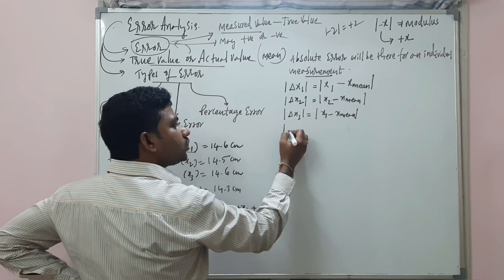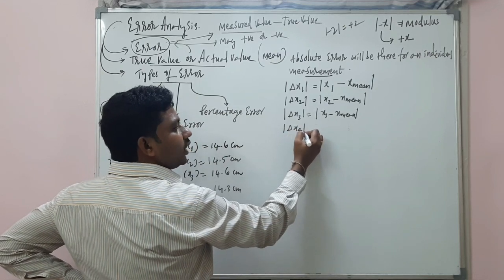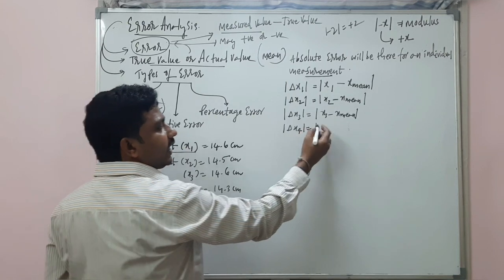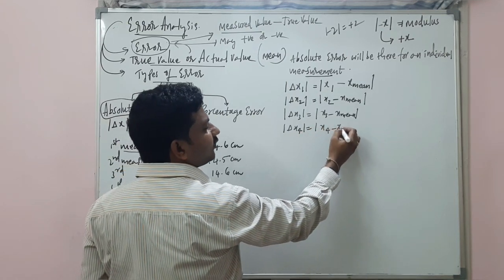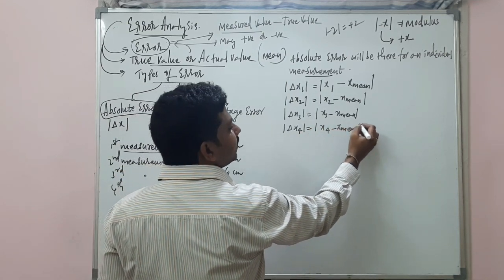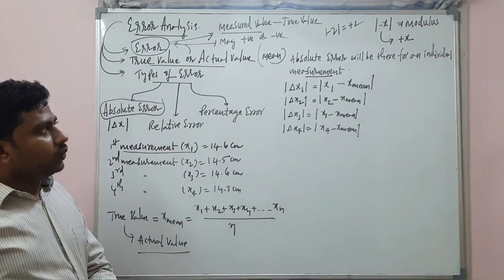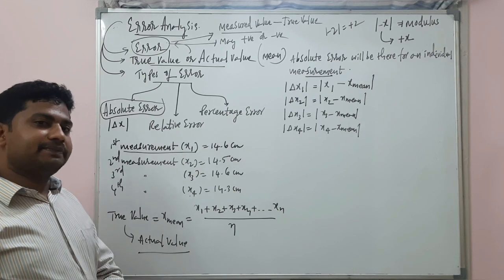In the fourth individual measurement, the absolute error will be mod delta x4, which is equal to x4 minus x mean. Alright. Clear?